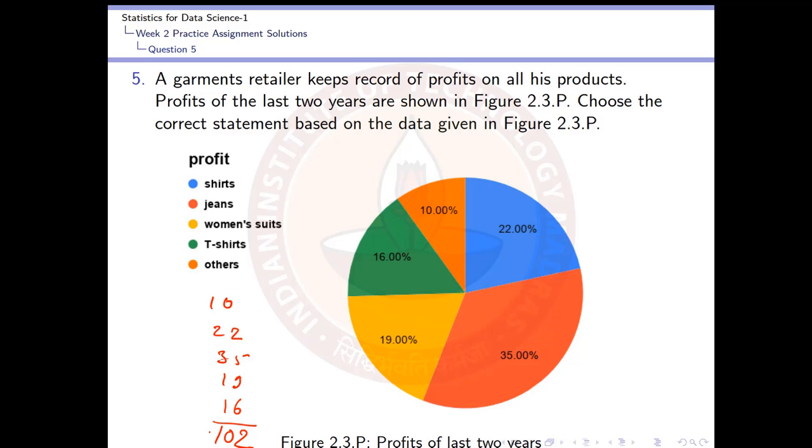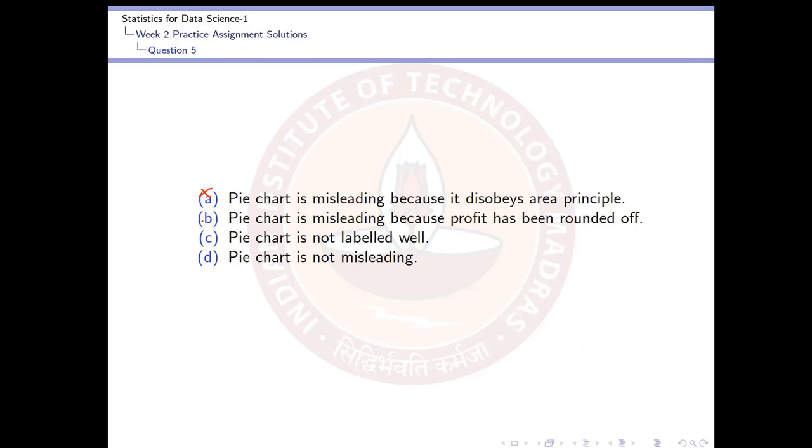So certainly it is not 100%. So we can conclude that the sum of these frequencies doesn't add up to 100%. So these values are rounded off, and whenever the frequencies are rounded off, the graph will be a misleading graph. So this option is right. The pie chart is misleading because profit has been rounded off.